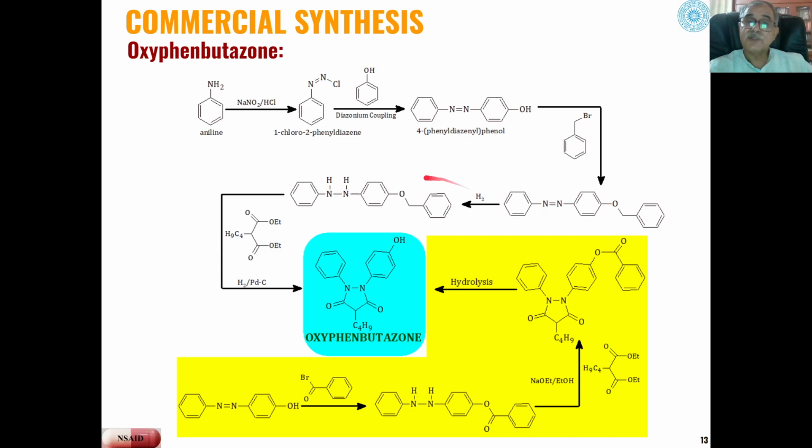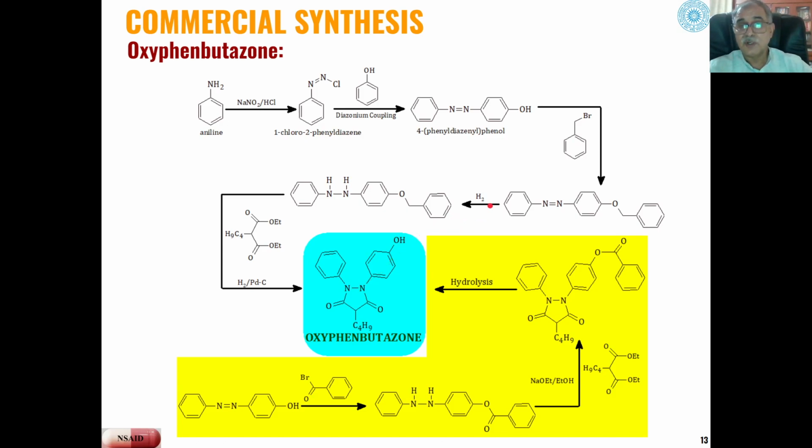So only substitution is different. Then this will react with benzyl bromide to give us this benzyl ether derivative. Rest of the steps are same as we have seen in case of phenylbutazone.